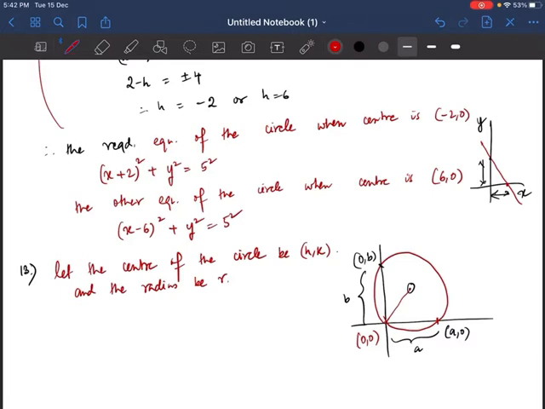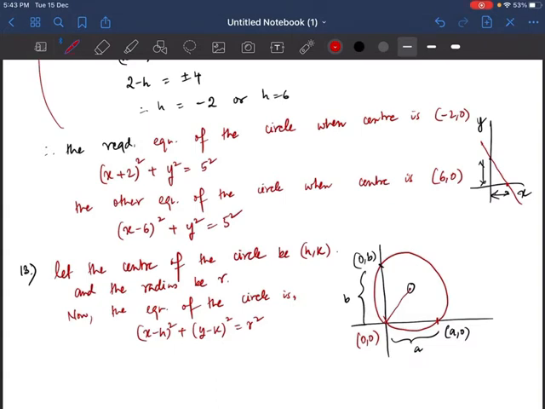So the general equation of the circle will be x minus h whole square plus y minus k whole square is equal to r square. Now it says that it passes through the origin. So since it passes through the origin, the point 0 comma 0 will satisfy this equation.